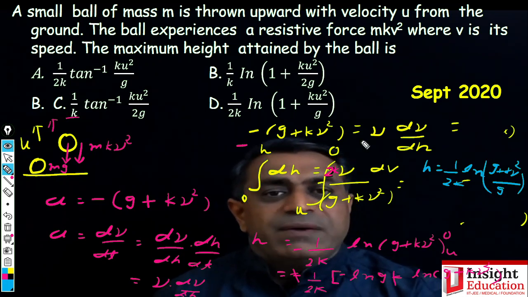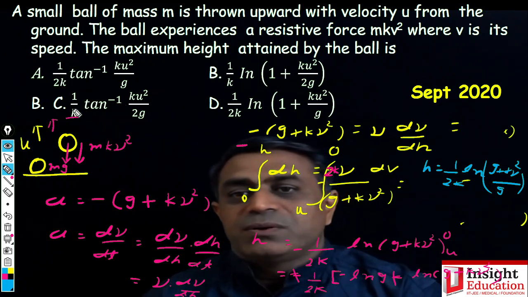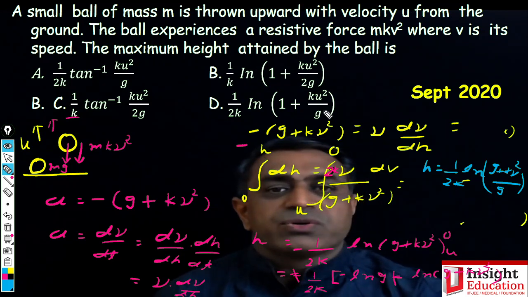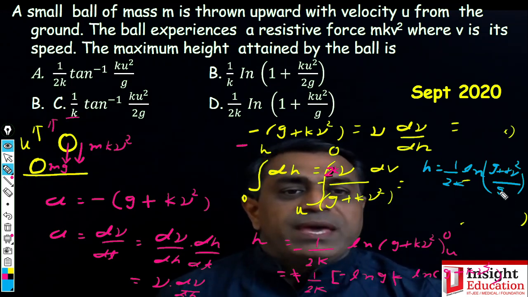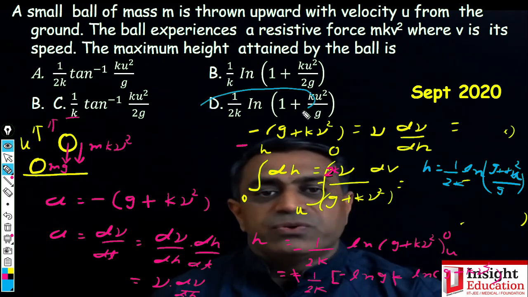So 1 plus kv square by g. So here 1 upon 2k log of 1 plus k u square by g. Here you can replace v by u. So k u square by g.